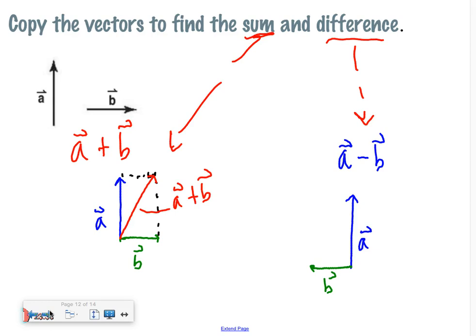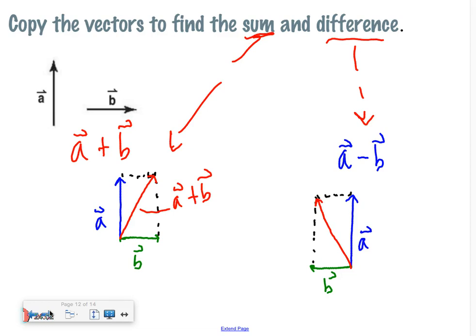And then again, you're just going to draw in your parallelogram. Something similar to that, guys?